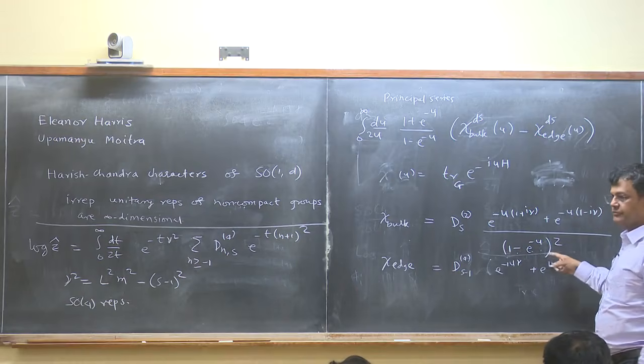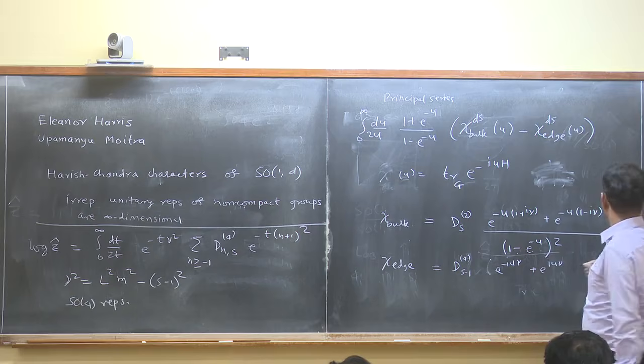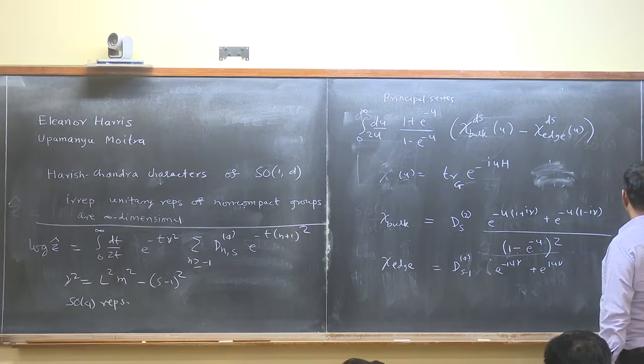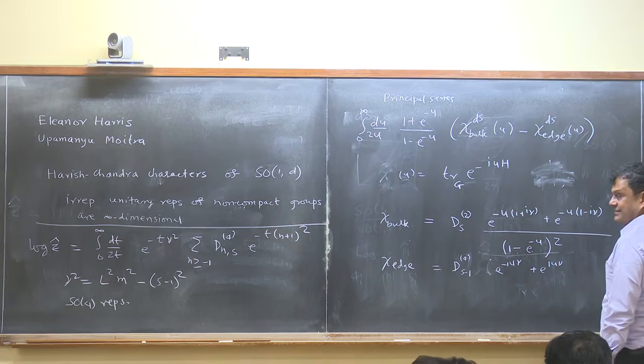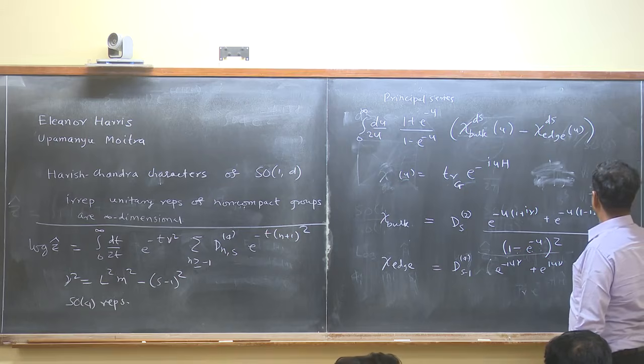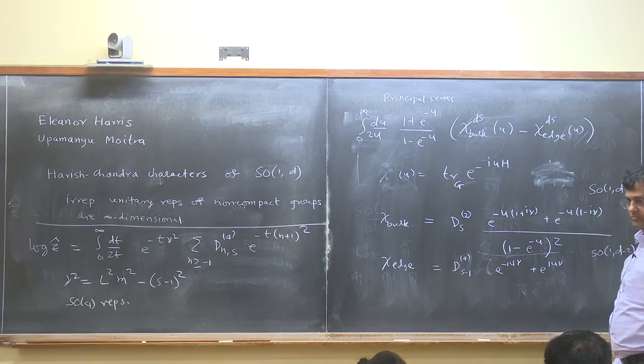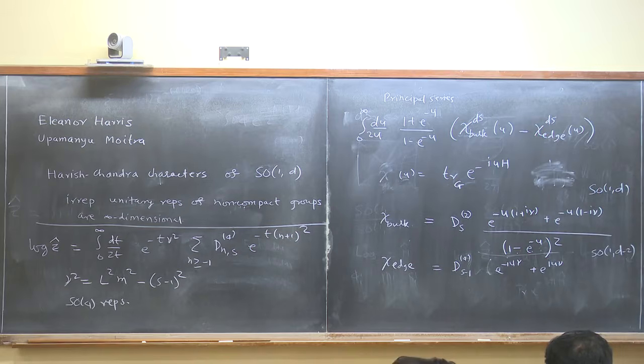It has to do with the fact that you are living in two lower dimensions. So in general, this will be a representation of SO(1,D), and this is codimension 2, oh sorry, behind the horizon. So it's SO(1,D) and this is a character of SO(1,D minus 1).